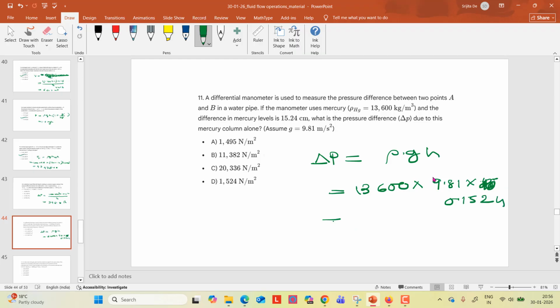What is it coming? It is coming as 20.336 Pascal or Newton per meter square for the column alone, mercury column alone.